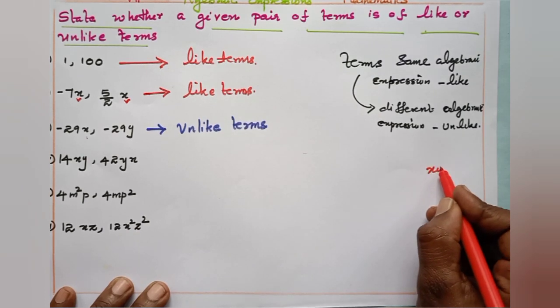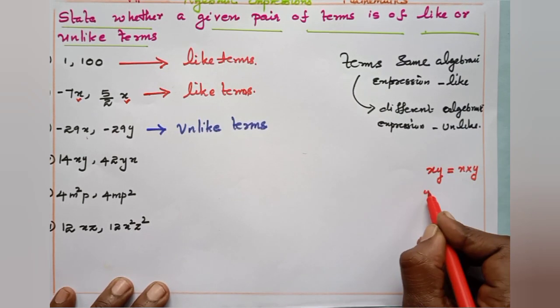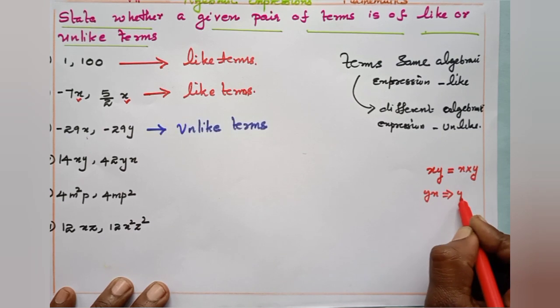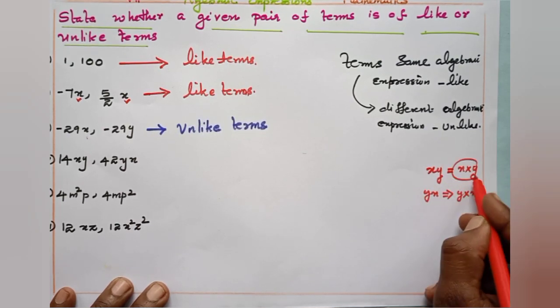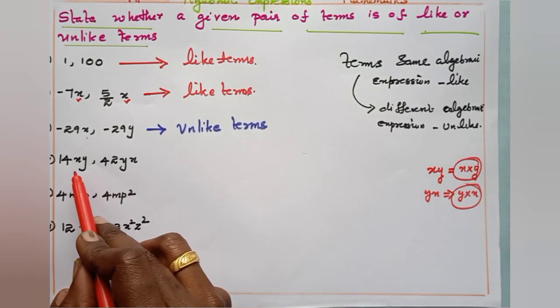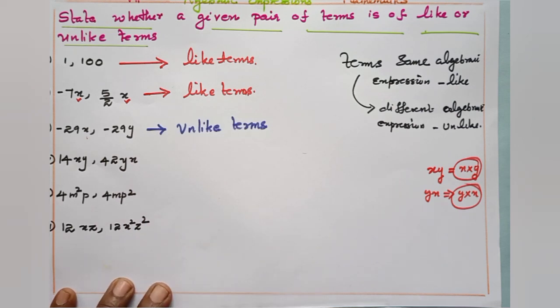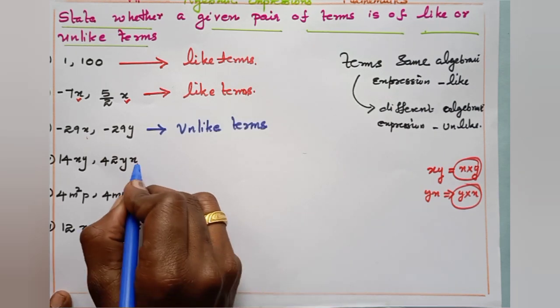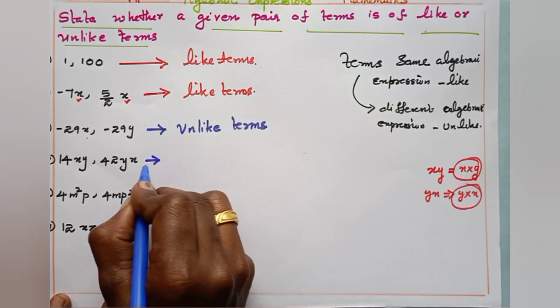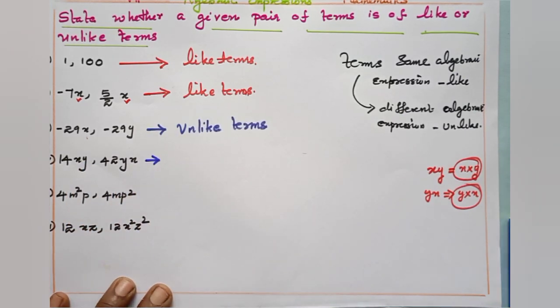See, xy means x into y, and yx is y into x, but both are the same. x into y equals y into x. So xy and yx are the same algebraic expression, so these are like terms.